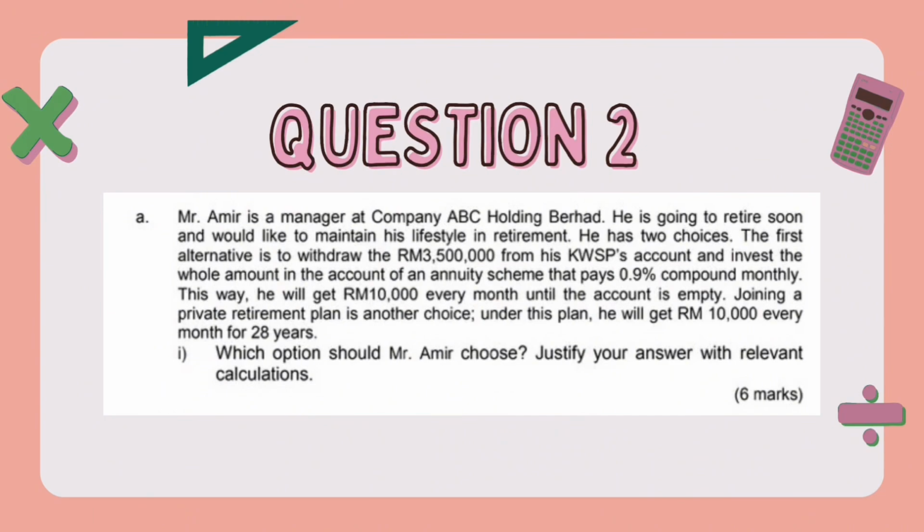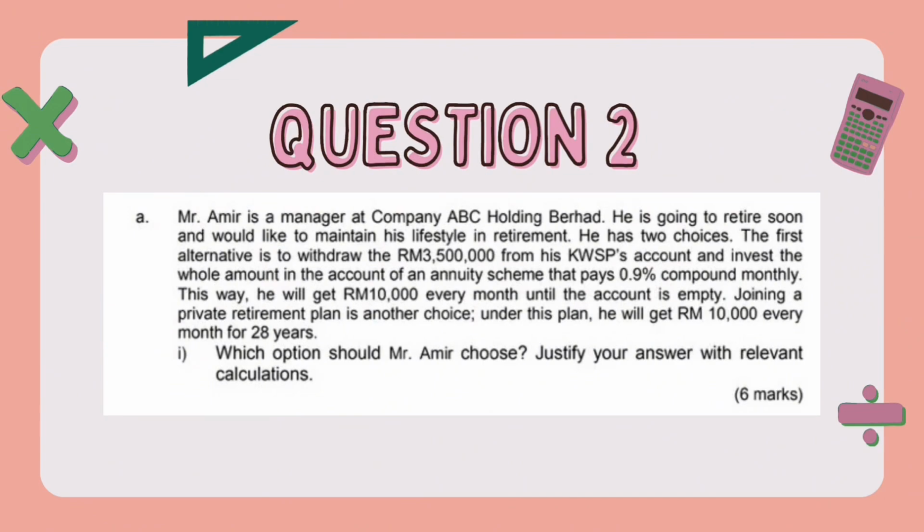Question 2. A. Mr. Amir is a manager at company ABC Holding Berhad. He is going to retire soon and would like to maintain his lifestyle in retirement. He has two choices. The first alternative is to withdraw the 9,500,000 ringgit from his KWSP's account and invest the whole amount in the account of an annuity scheme that pays 0.9% compound monthly.